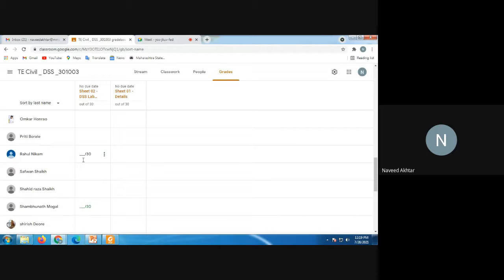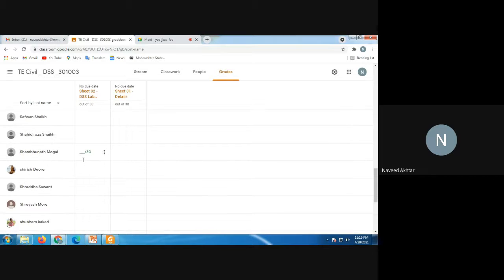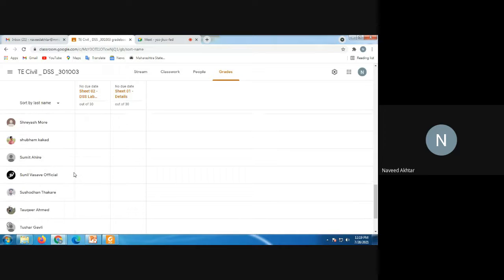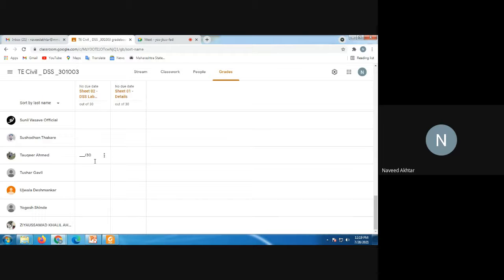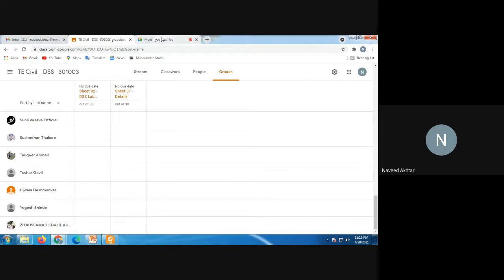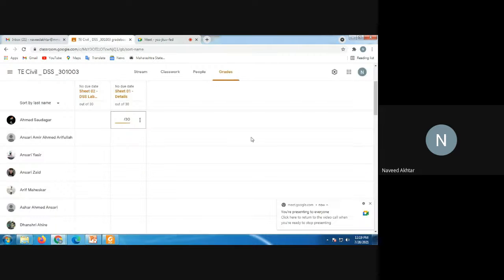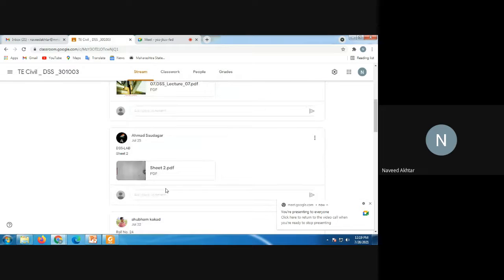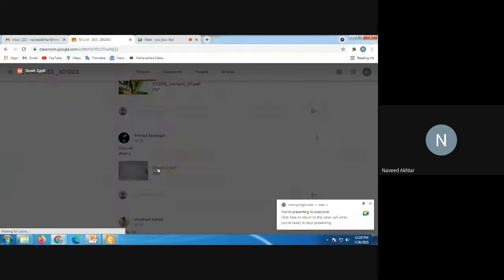their submission. So, Sambhanathi has submitted, Sumit Ahire has also submitted the sheet, and Zainab has also submitted. Maybe some other friends, I will see. Maybe some students. MS Saudagar has also submitted.